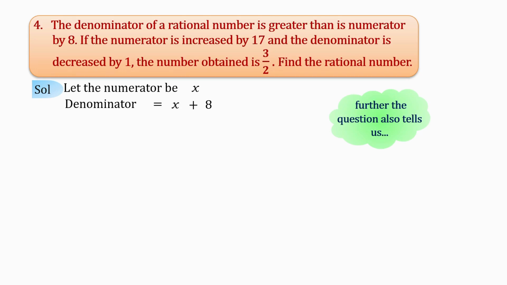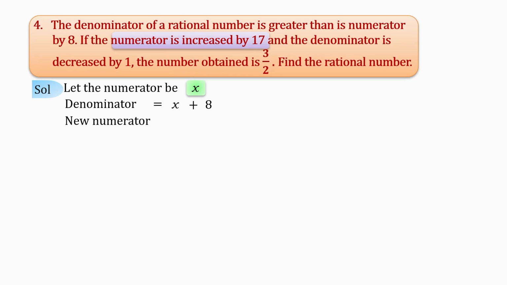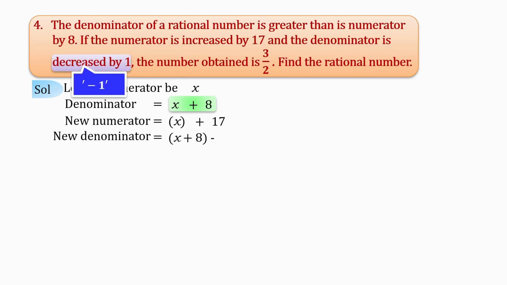Now what is the other information given? If the numerator is increased by 17, so the new numerator will be x plus 17 and the denominator is decreased by 1. So x plus 8 was the denominator earlier. The new denominator will be x plus 8 minus 1. So that is x plus 7.